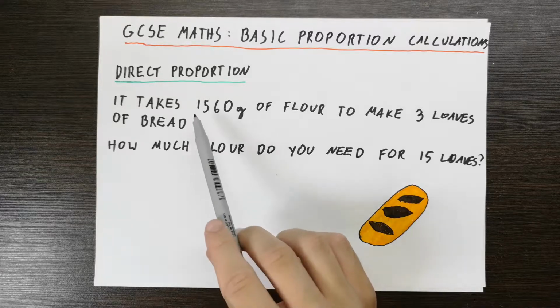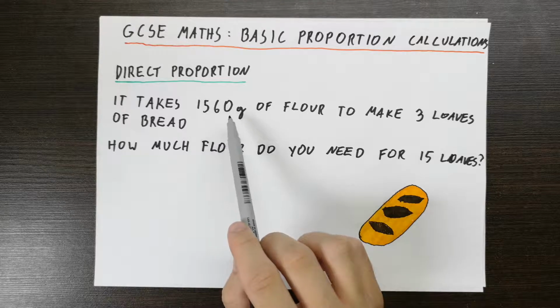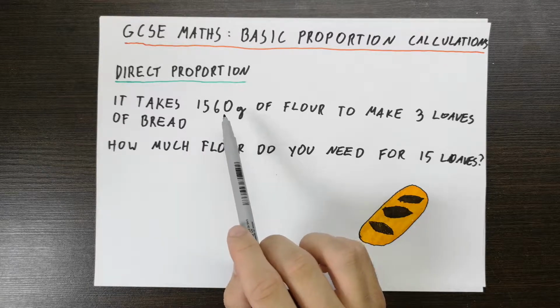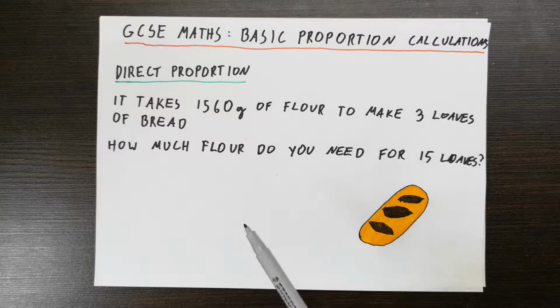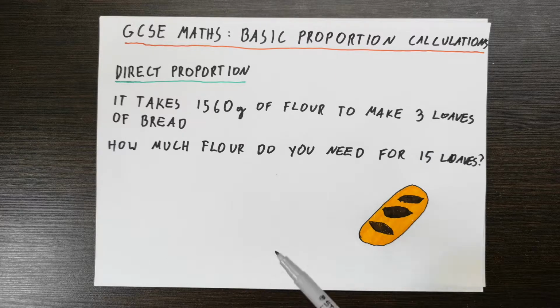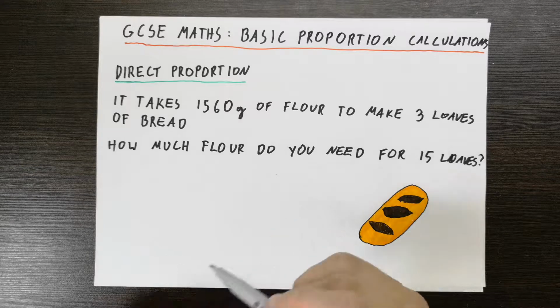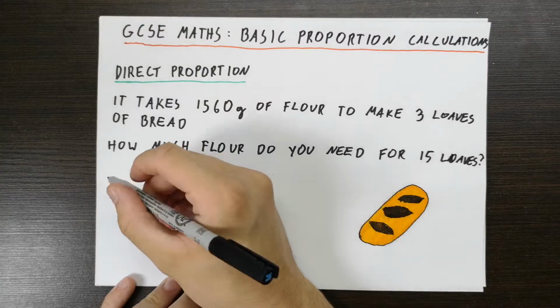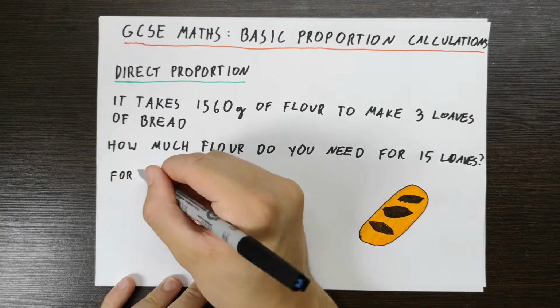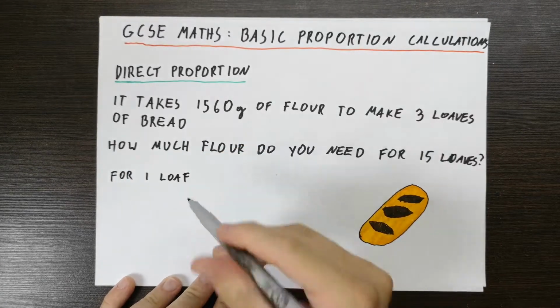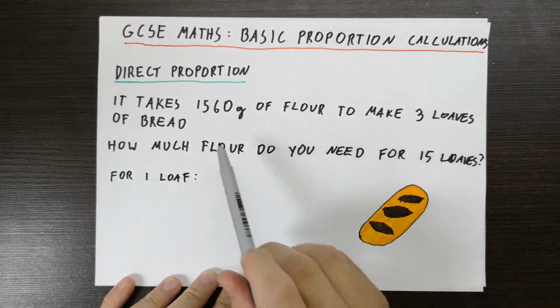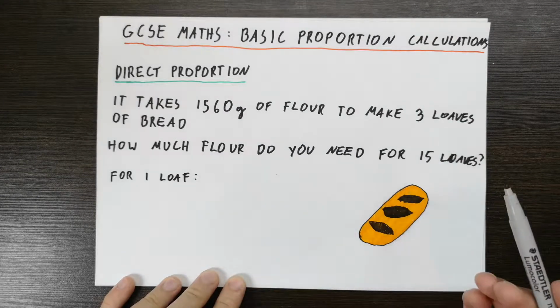So, if we have this much flour, and that makes us 3 loaves, how much flour do we need for 1 loaf? That's the very first thing we need to figure out. So, for 1 loaf, we need this divided by 3, right?